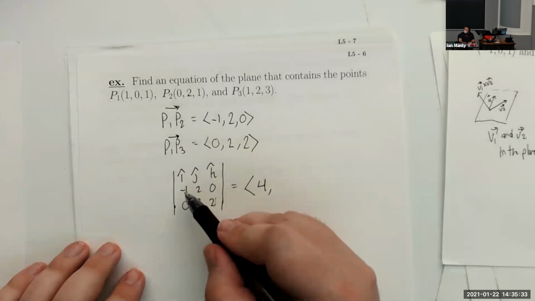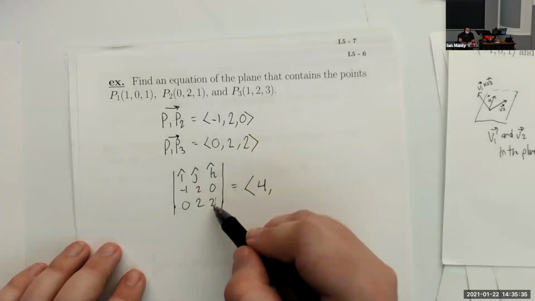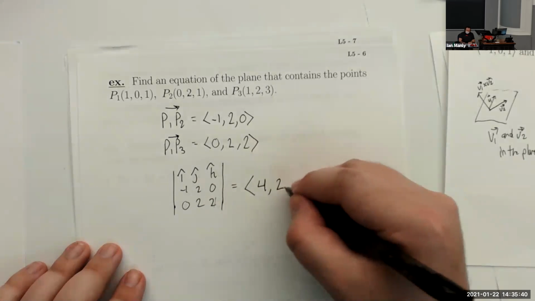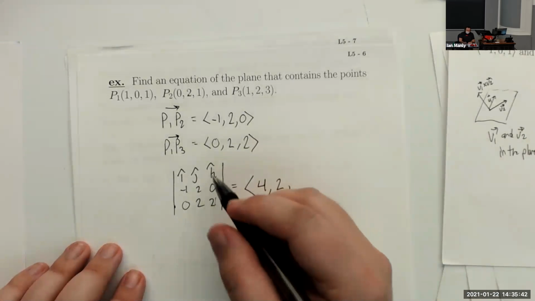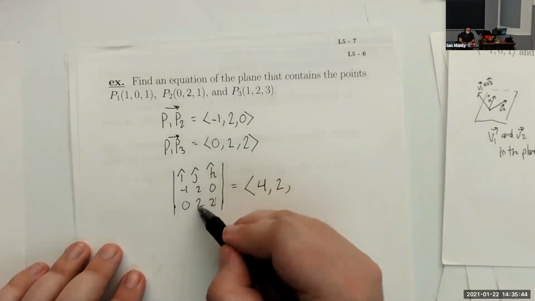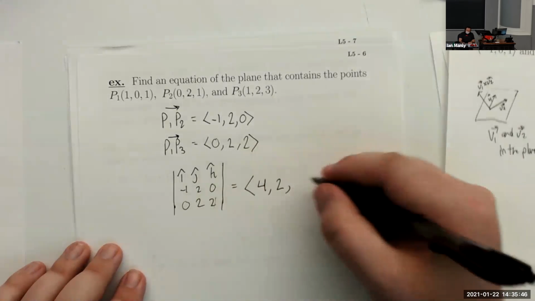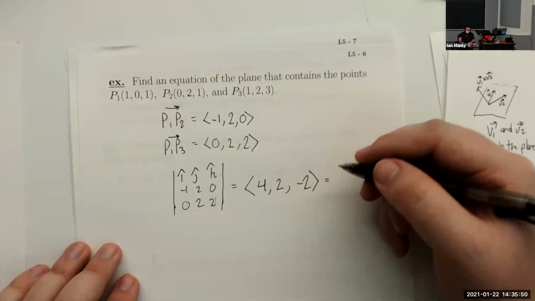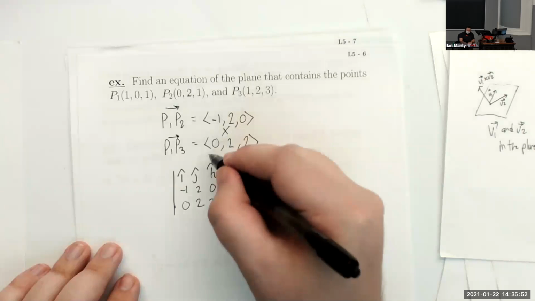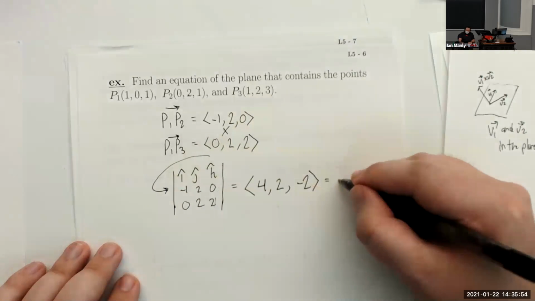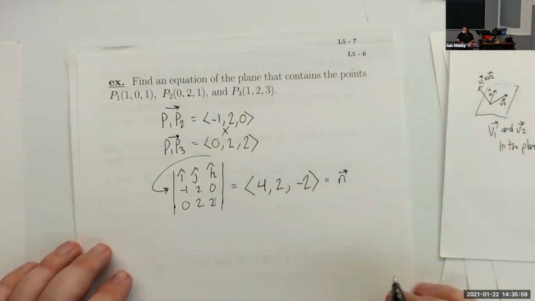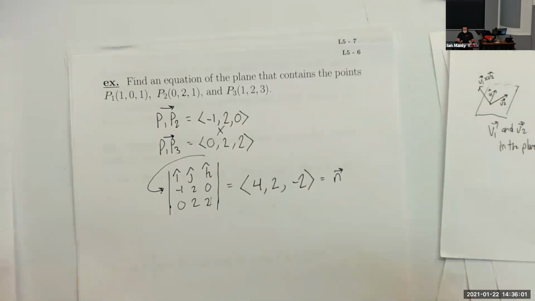We have -1 times 2 is -2, minus 0 will be -2, but then the j gives us an extra negative. And then finally, we have -2 here minus 0 here. That's -2. Okay, so this is going to be these vectors crossed together, and this is going to be our normal vector.